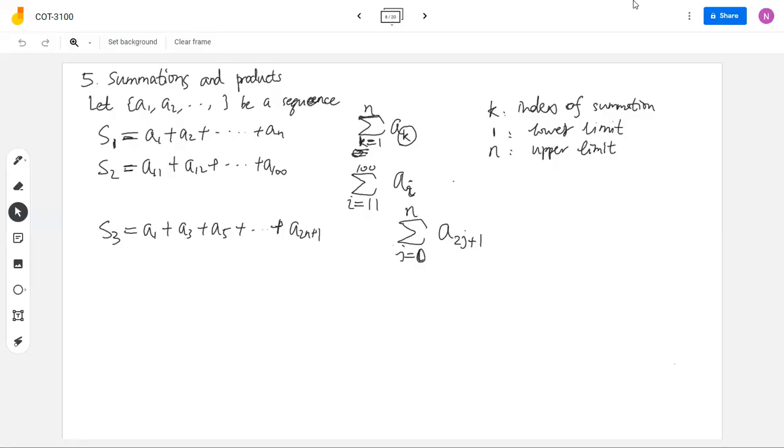And for the product, I define P equals A1 times A2 times A3 times, and so on, times AN. It's not as commonly used as summation. For this we are going to use pi. Pi stands for product, the capital pi.